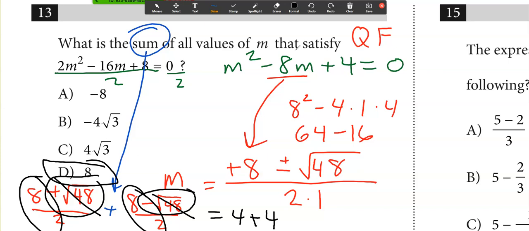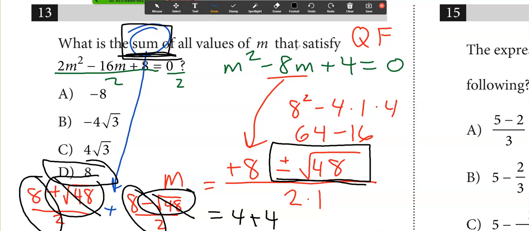So I guess my question is this. How important was it for me to figure out the discriminant? Or was it a waste of my time? It was a huge waste of time. Now, I know that you guys don't see questions like this except for the SAT, but as soon as they asked me to add them together, that plus and that minus are going to cancel each other out.